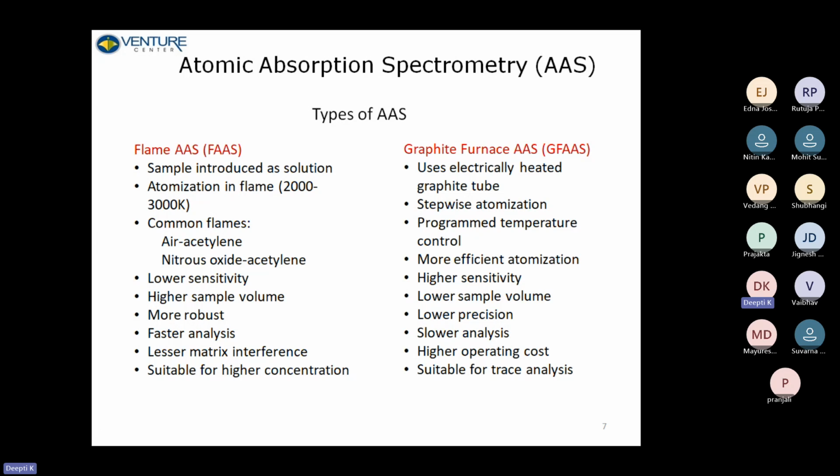It will strip off all the solvent molecules first, and then more energy will be provided to the atoms of the sample, which will undergo excitation. So the efficiency of atomization in the graphite furnace is much higher. Therefore, sensitivity also is much higher.